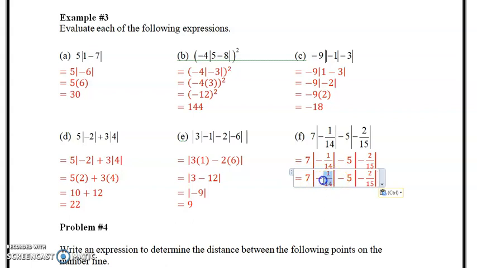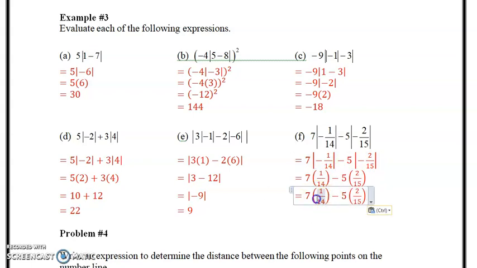So the absolute value of negative 1/14 is 1/14. And the absolute value of negative 2/15 is 2/15. So then we multiply numerators, denominators stay the same, obviously. So this becomes 7/14 minus 10/15.